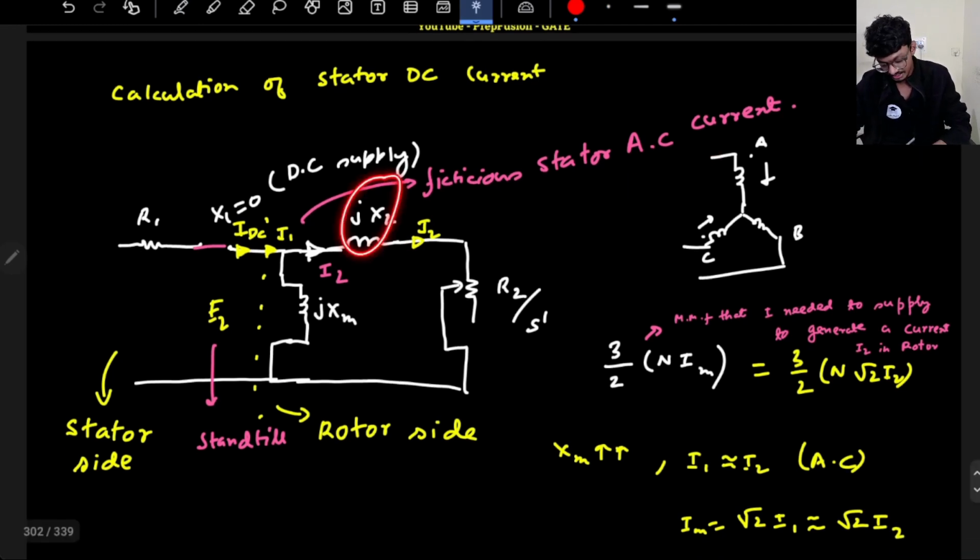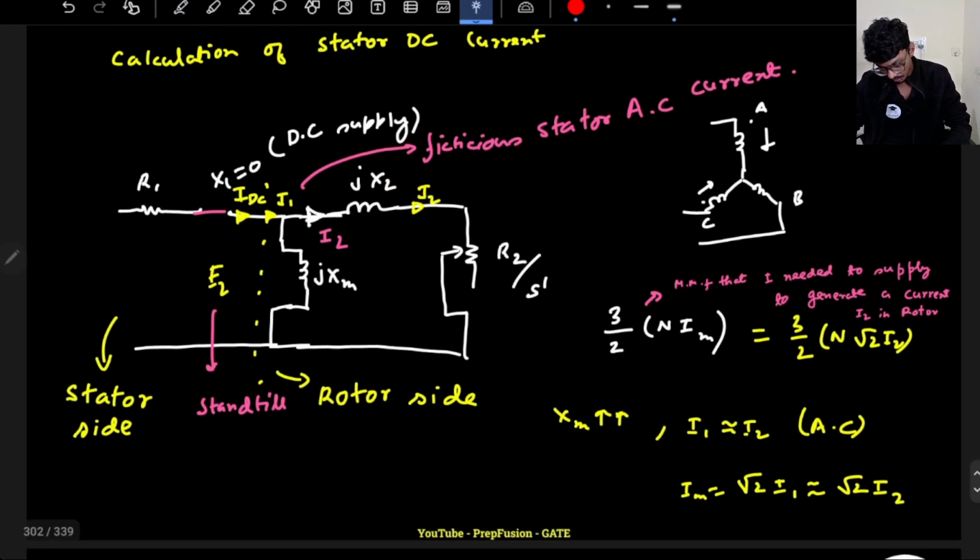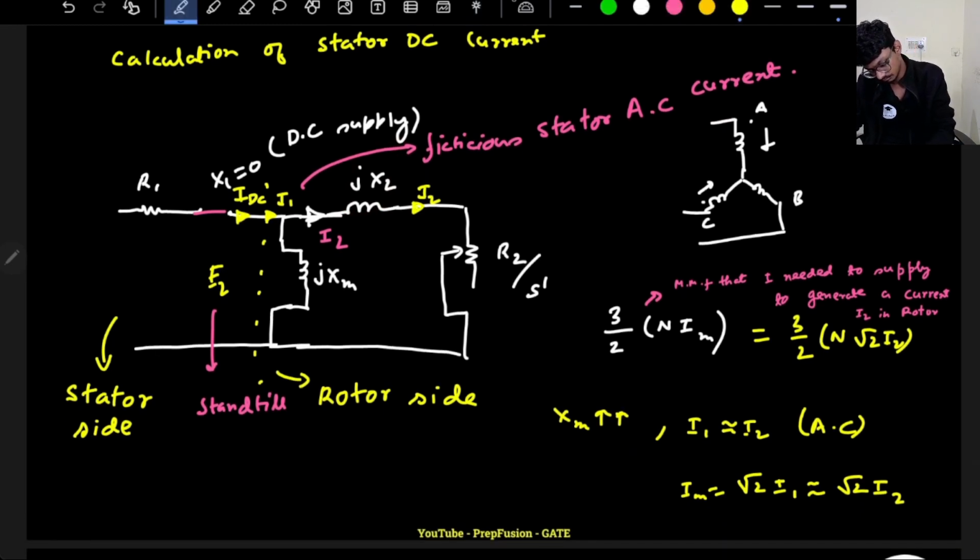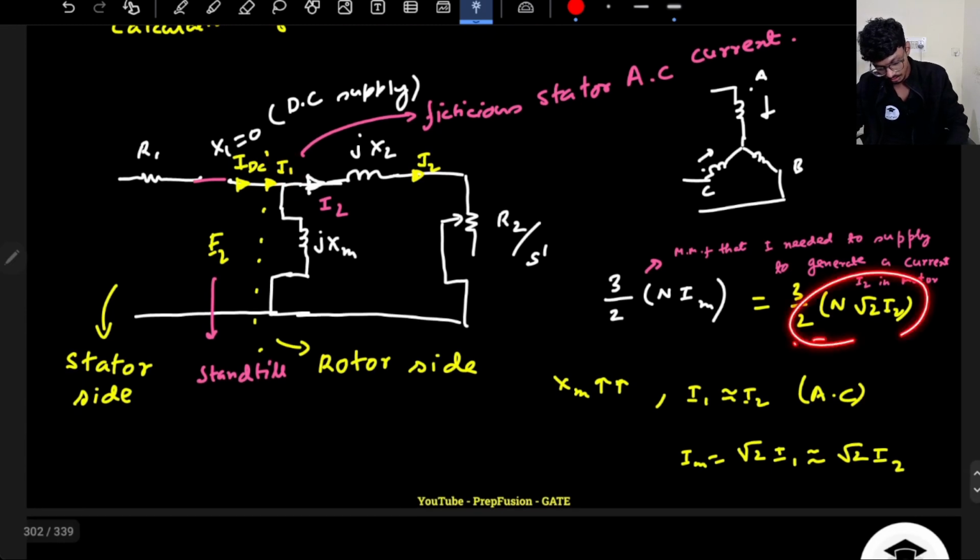If it is a fictitious stator AC current, then what will be the magnetic field generated by this fictitious AC current? That equals 3 by 2 root 2 N2 I2.